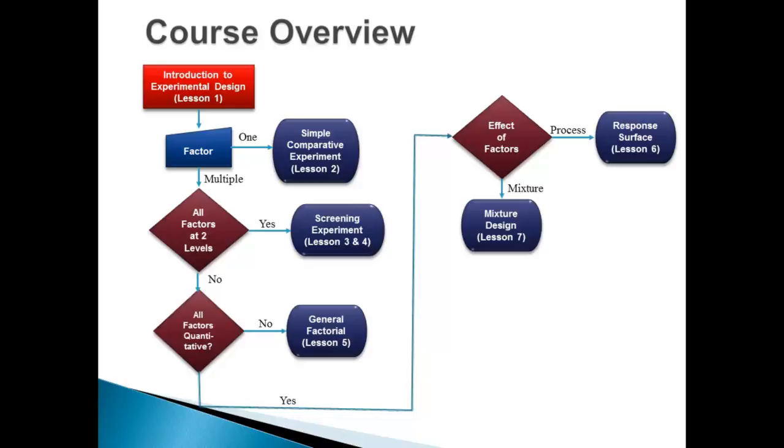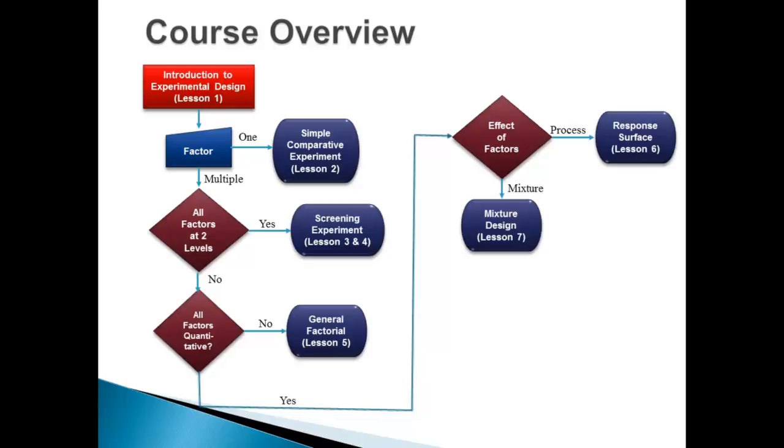And when all the factors are not at 2 levels, we look at whether the factors are quantitative. If they are not quantitative, all of them, then we look at lesson 5, where we deal with the general factorial.